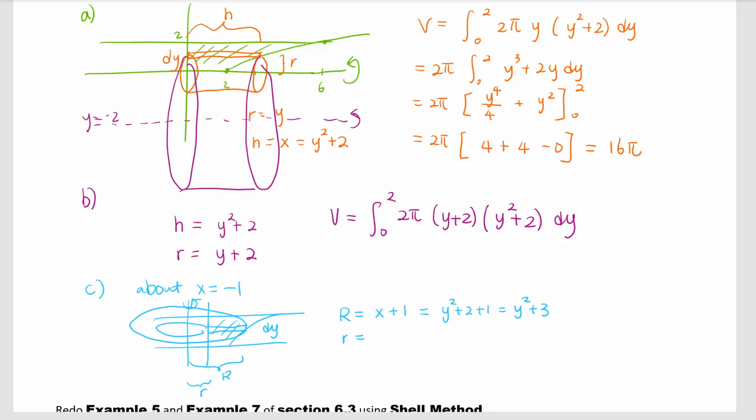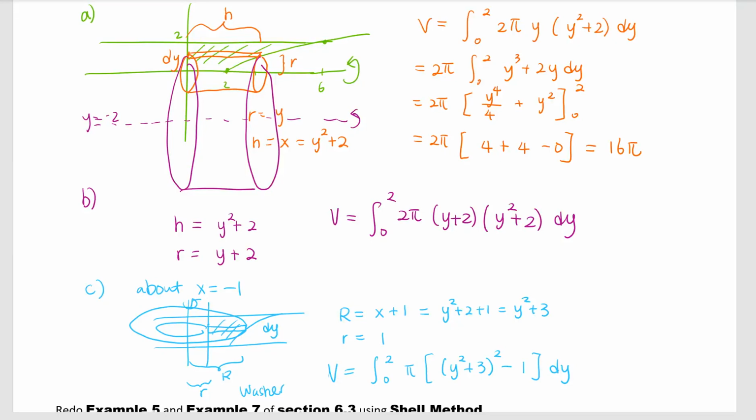Your small r is 1. Can you see from the picture? Your small r here is just 1. And so we're using the washer method. So the volume is the integral, my y goes from 0 to 2, of pi times big R squared minus small r squared. 1 squared is just 1, dy. So this is the setup for it. So far, so good, everybody.